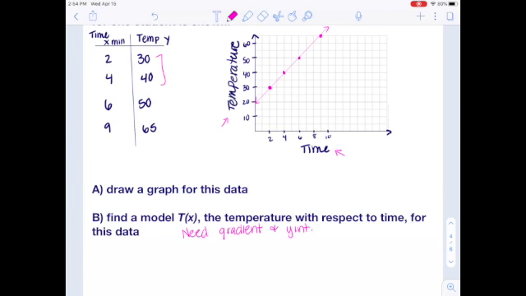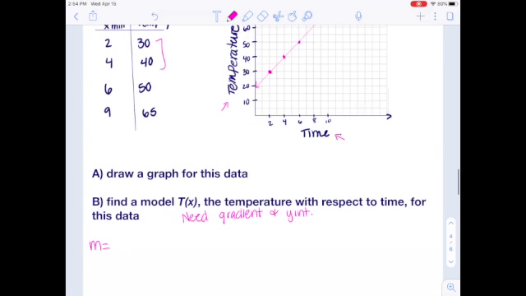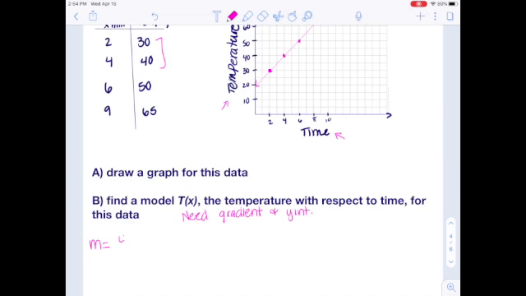Go to your t-chart, take two of your favorite points that you know are on the graph, and let's calculate our gradient. So m is equal to, subtract your y values, 40 minus 30 divided by 4 minus 2, and simplify that down. You get 10 over 2, which is just a slope of 5.